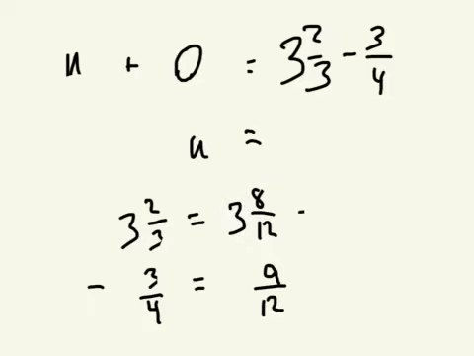So what I've got to do is take this 2 and this 1 and this 8/12, and I need to get this fraction right here to be bigger than this one.